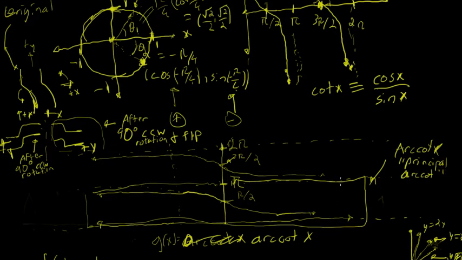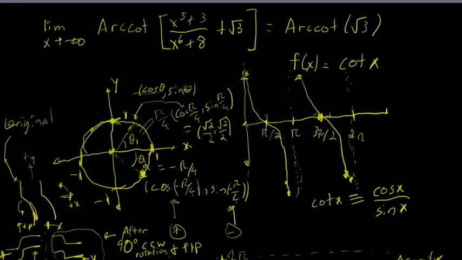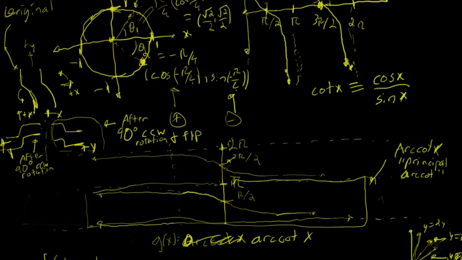And so why is that important? Well, we're interested in the principal arc cotangent of the square root of 3, right? That's what, when we took the limit, everything boiled down to: the principal arc cotangent of the square root of 3.